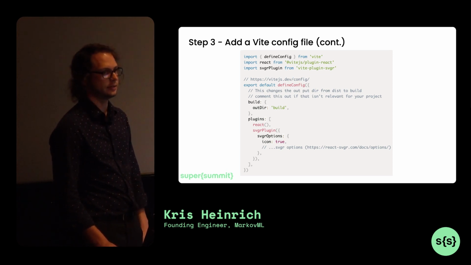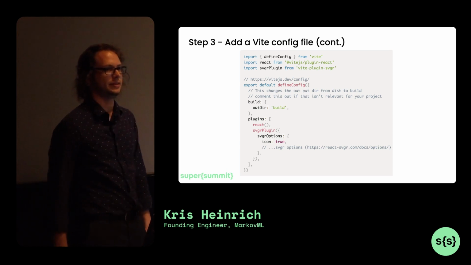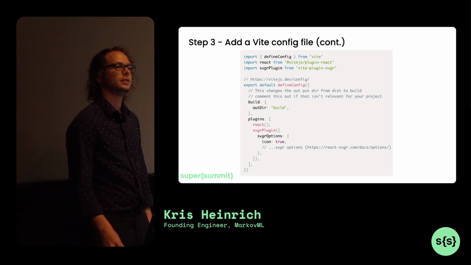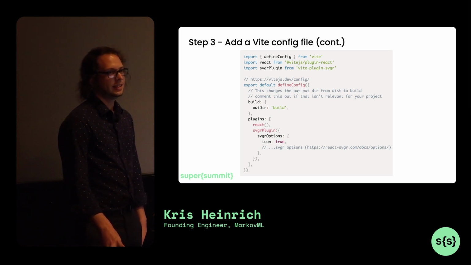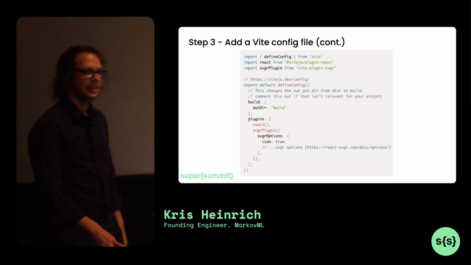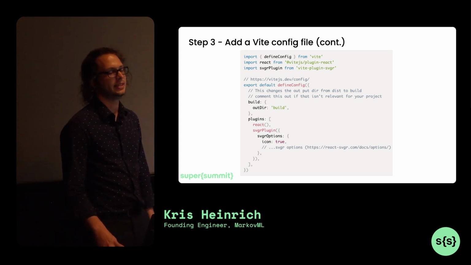Any questions so far? Yeah, Sage. So for adding plugins in the config file, you're just talking about basically two. In your experience, how many was it actually? Yeah, it was around 10 or so.